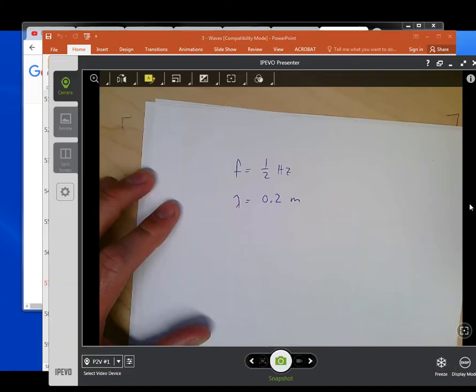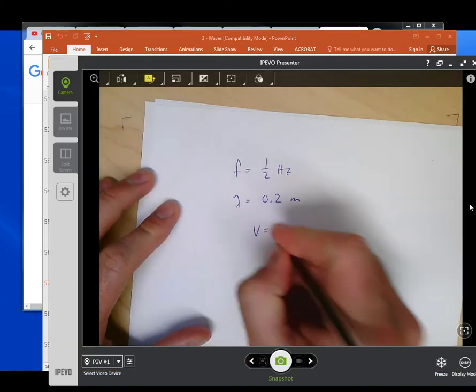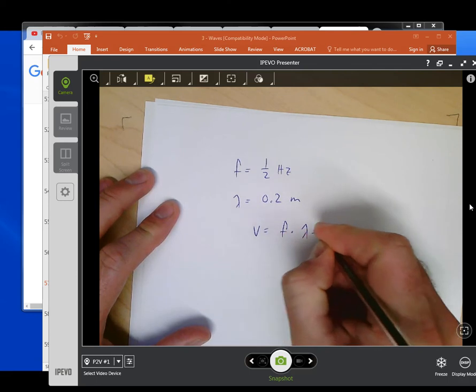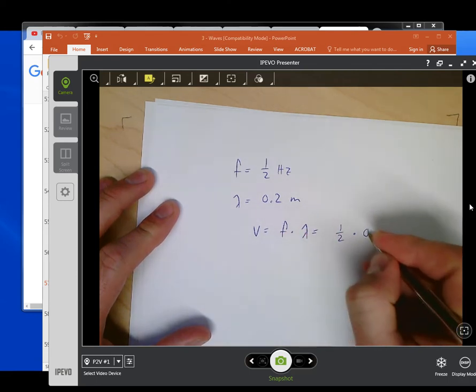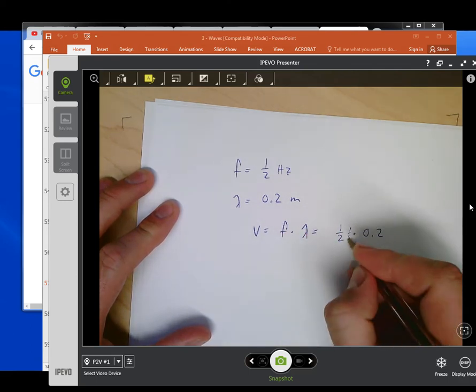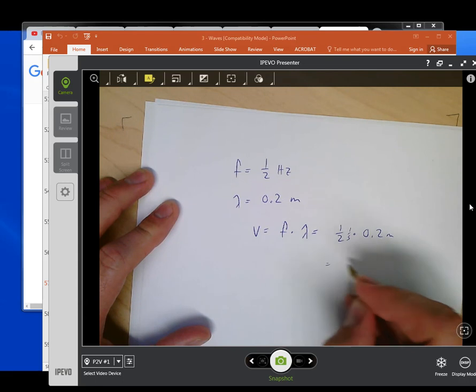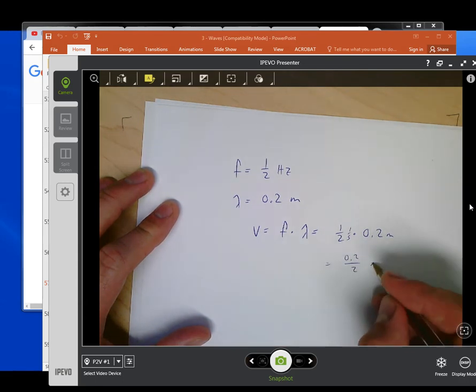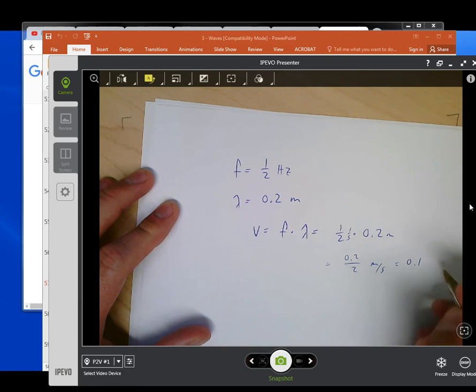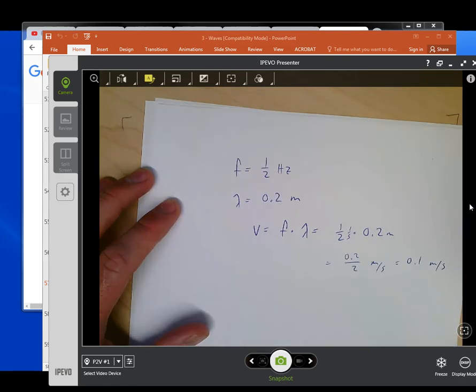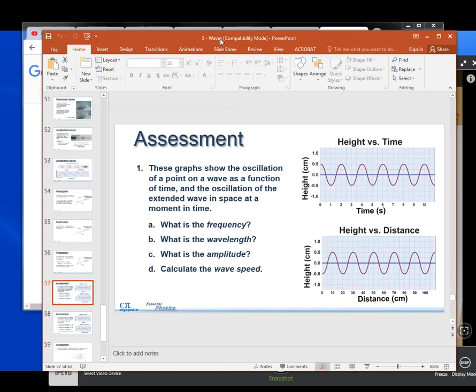And when we do that, we need to figure out the speed. Speed is frequency times wavelength, or in other words, 1/2 times 0.2, and again, I'll keep these units, 1 over seconds, meters, and 0.2 divided by 2 meters per second is going to be 0.1 meters per second. Okay? That's going to be our speed of the wave.